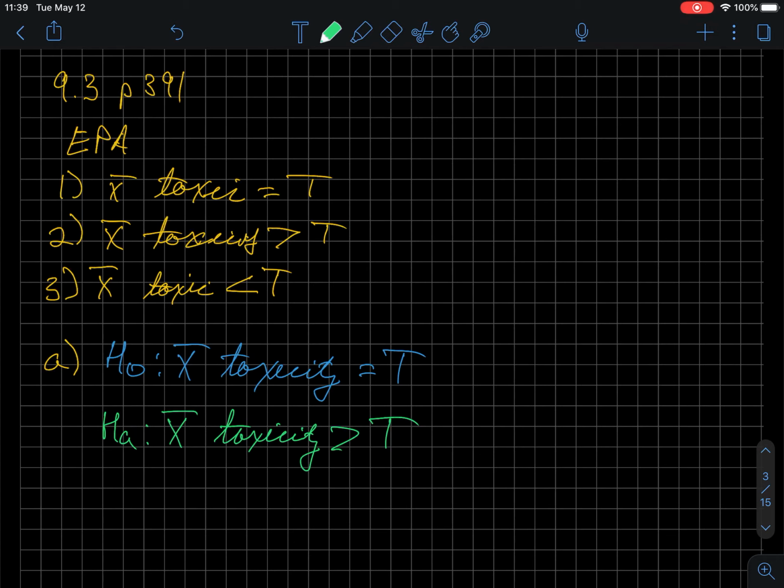So what would it be the other way around? Which of these statements should be the null and which the alternative hypothesis when the burden of proof is on the producer, so the person making the chemical, to show that the new pesticide is not harmful.